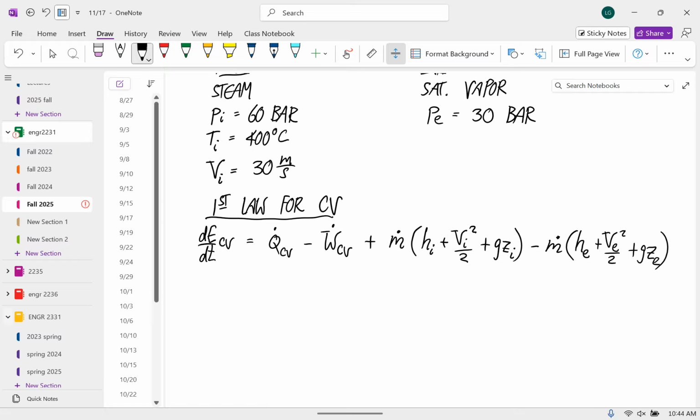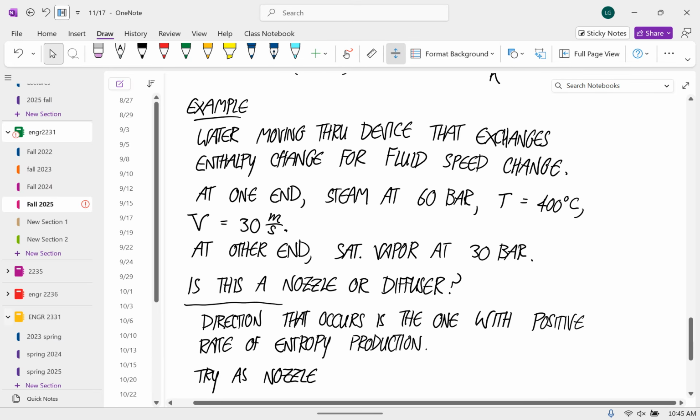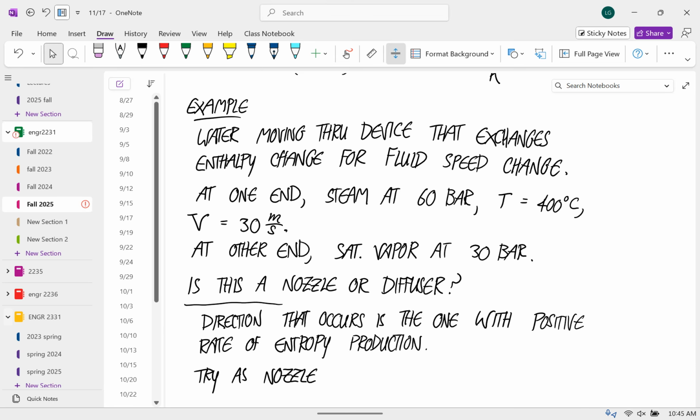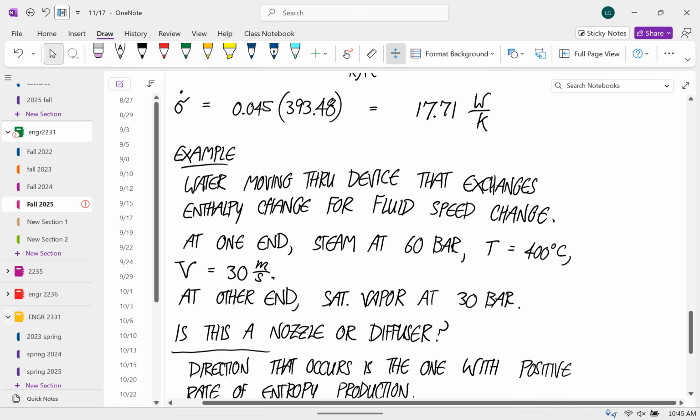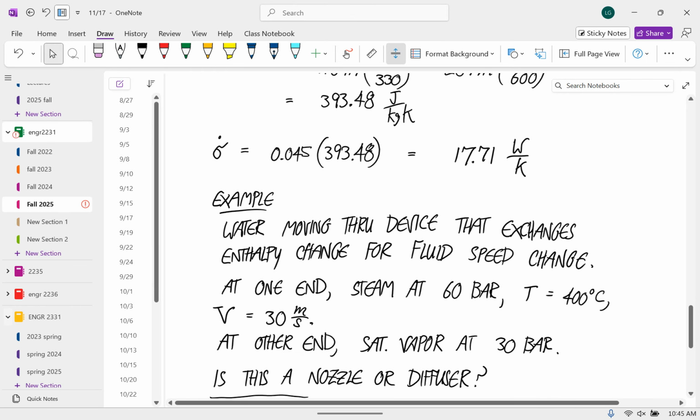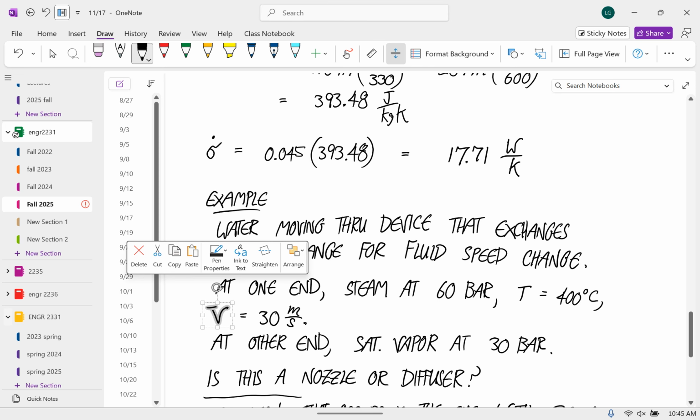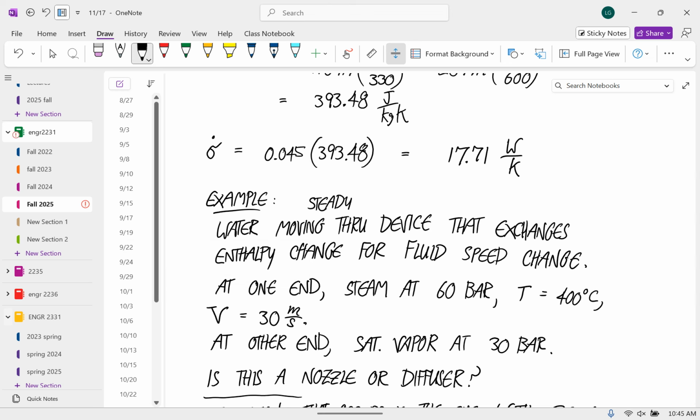And we have no reason to think that the height is changing. This is steady state. I forgot to write down a bunch of stuff that's important. So we do know it's steady state. No heat transfer.